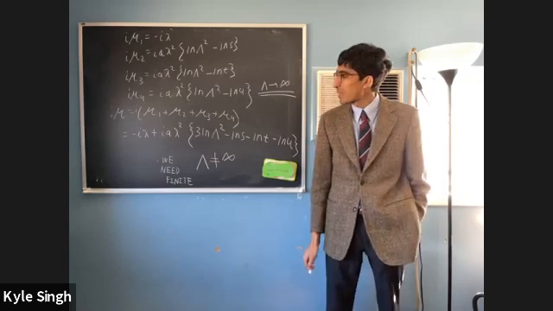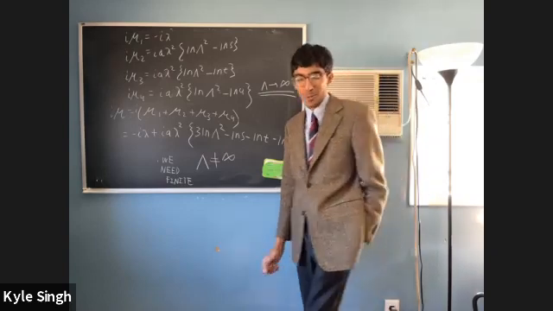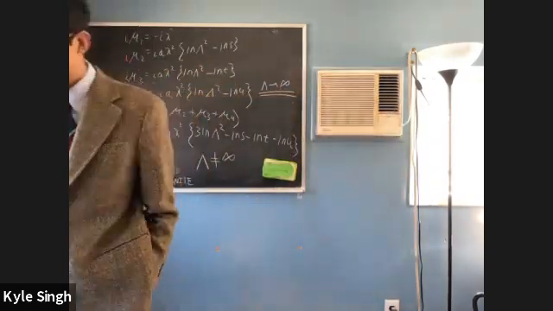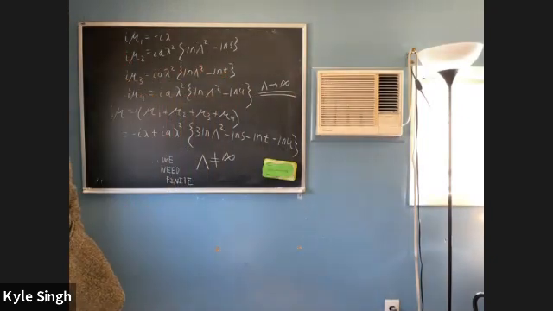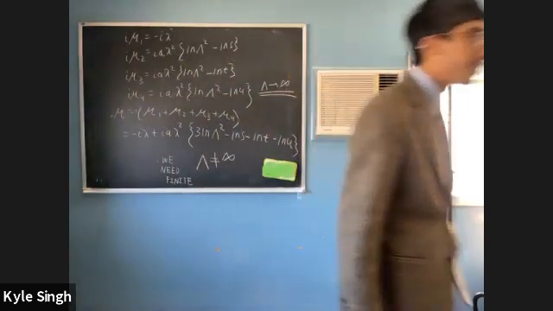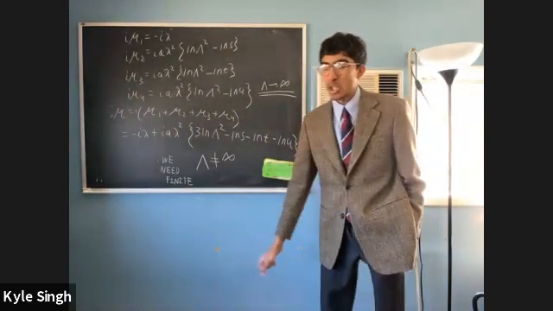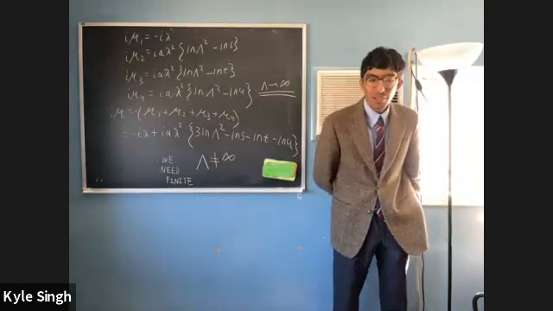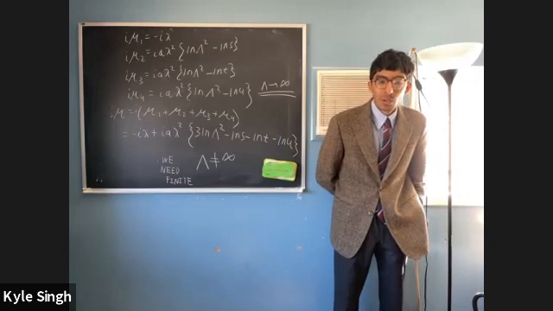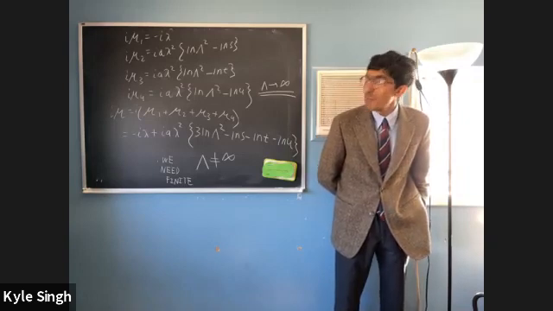So what to you seems like the better way? Or what would be the more appealing way? What do you guys think? Should I try and just get rid of the dependencies on lambda? Or should I just make lambda some random number?